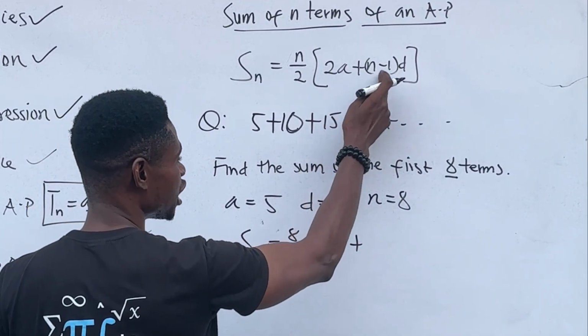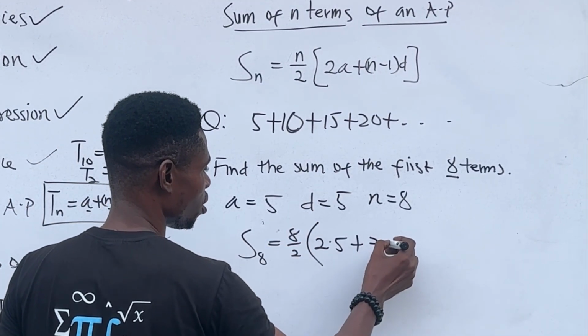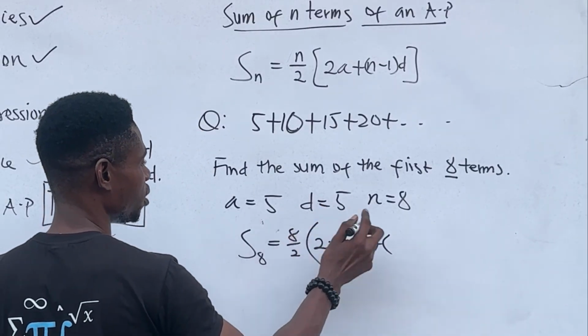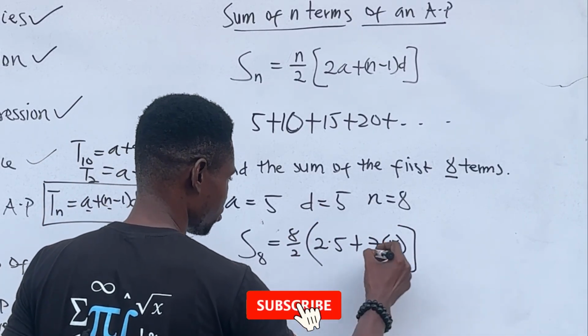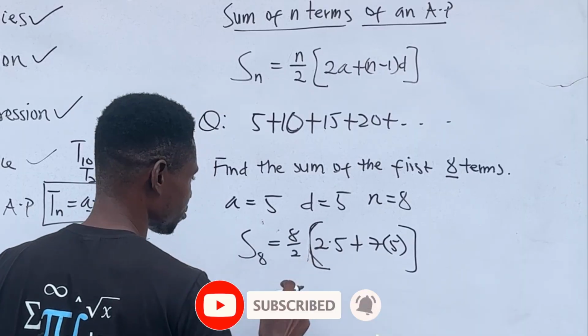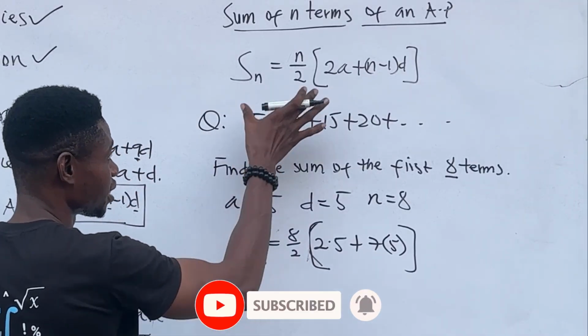Our N is 8, so 8 minus 1 is 7, multiplied by our common difference, which is 5. Let me use these brackets.